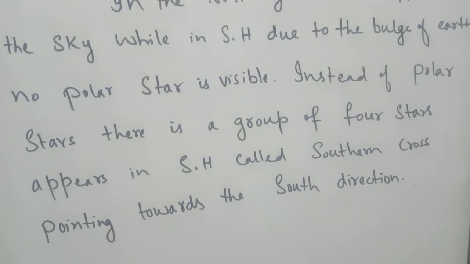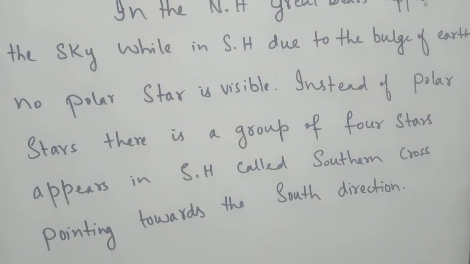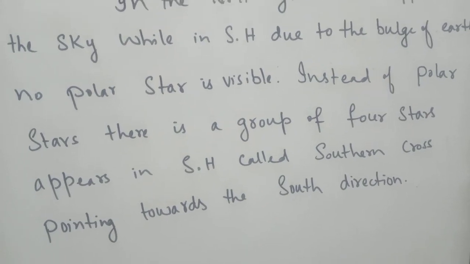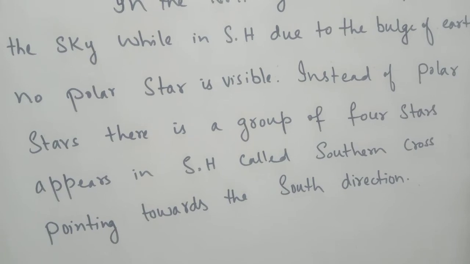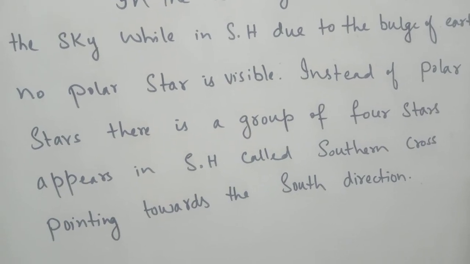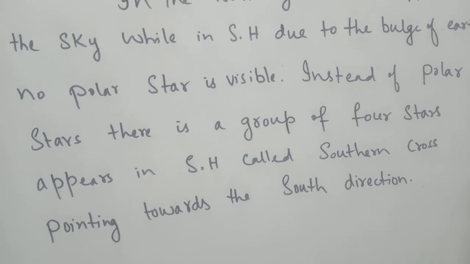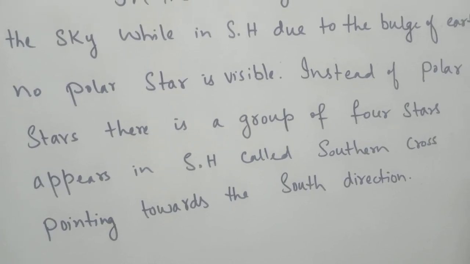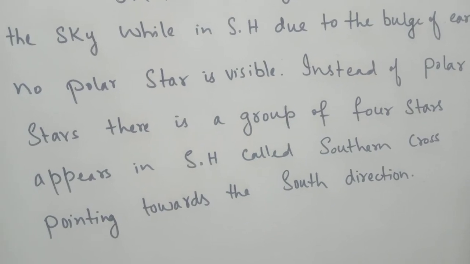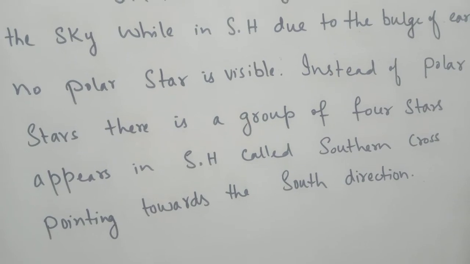S.H. represents the southern hemisphere and N.H. represents the northern hemisphere. This is the short abbreviation I used. The 4-star group appearing in the southern hemisphere points towards the south direction. So if this is the south direction, the opposite direction must be the north. This is the difference between the northern and southern hemisphere in determining north by the stars.